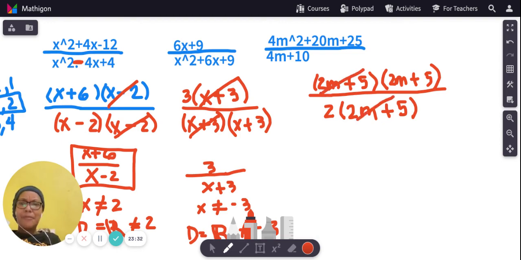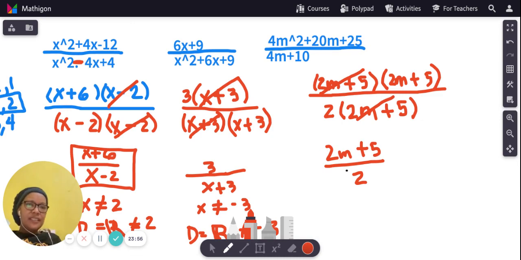It's a same process over and over again. Okay? It's just the number is just different, pero the process is the same. So, the answer is 2m plus 5 over 2.